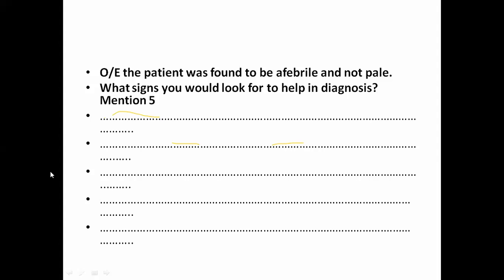Inspection هنلقى شنو؟ The right side of the right iliac fossa moves less مش كده؟ لما ياخذ النفس the patient is not moving his right side. ثاني superficial palpation في شنو؟ Tenderness وممكن يكون معاه rebound tenderness.